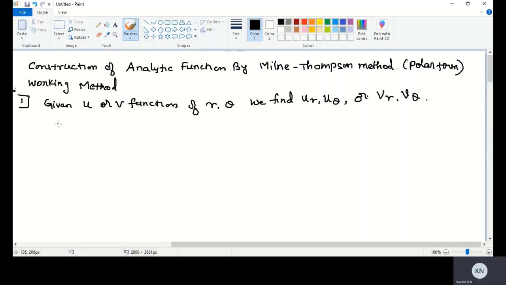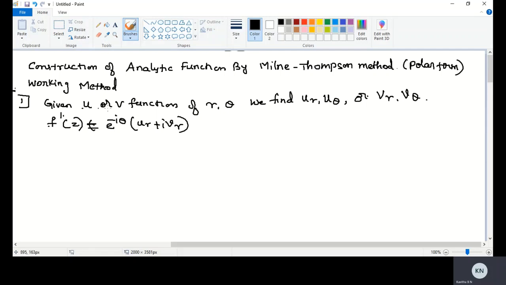Then write down the fundamental property: f dash of z is equal to e to the power of minus i theta (ur plus i Vr).